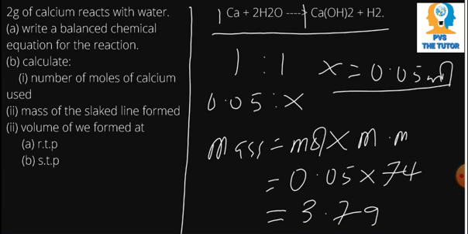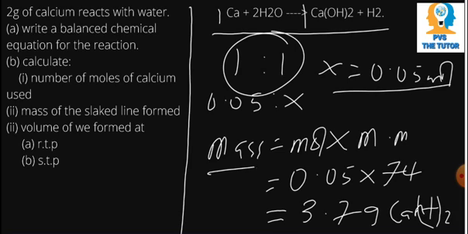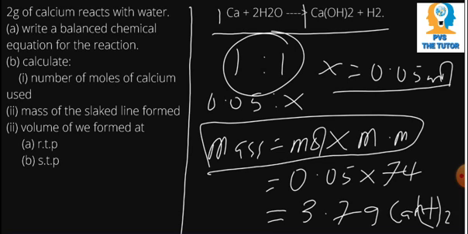So we are going to have 3.7 grams of calcium hydroxide. So take note of mole ratio and this formula. This formula came from number of moles is equal to mass over molar mass. When you make mass the subject of the formula, it will lead to this.